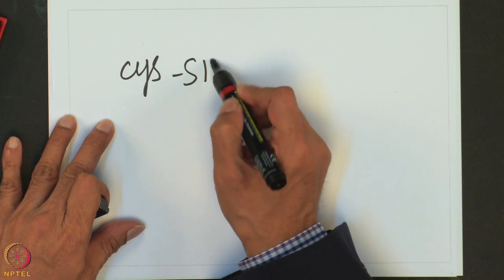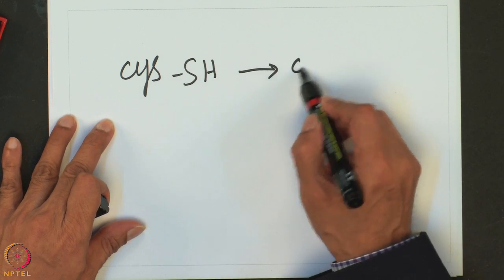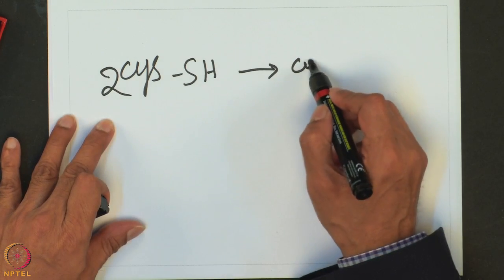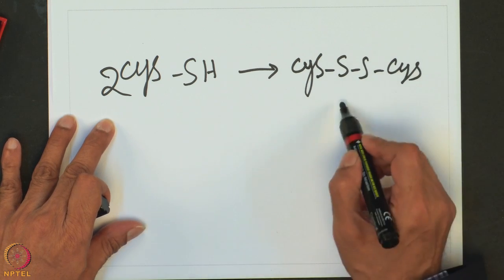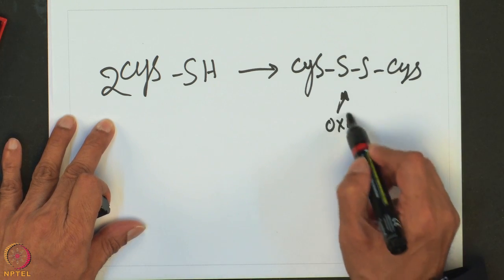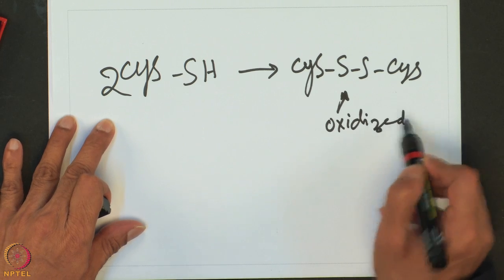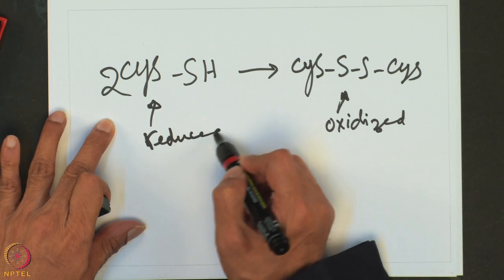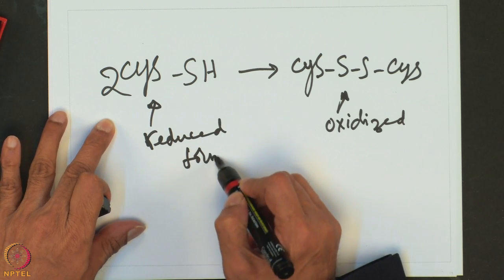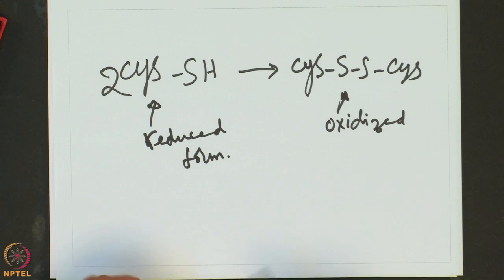Two cysteine SH can give the disulfide, cysteine SS. This is the oxidized form and this is the reduced form. In this manner the enzyme can undergo redox.